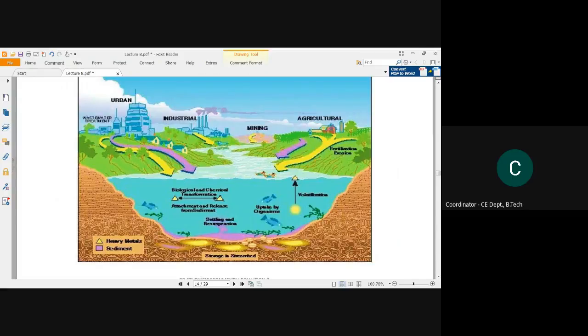The agriculture part. The compost we use, like benzene hexachloride, these kinds of compost are used where the toxic metals are very much used. So these toxic metals can come from the agricultural part.